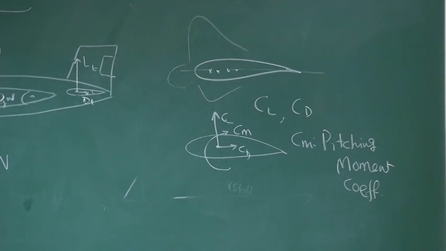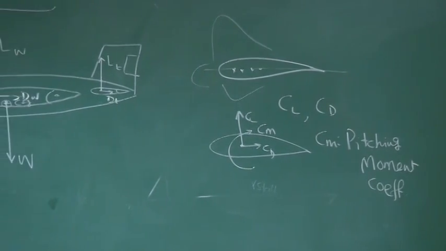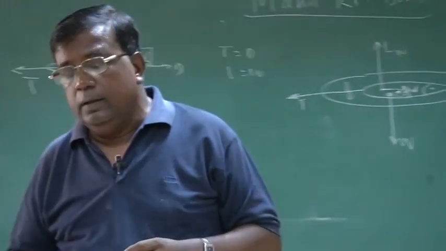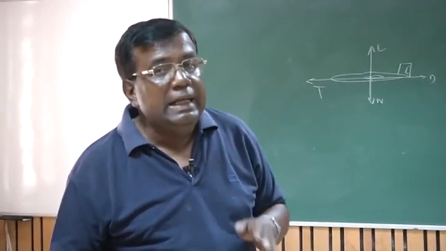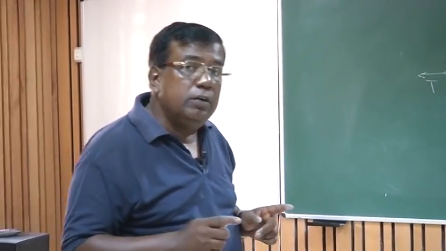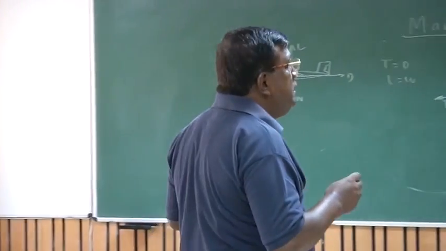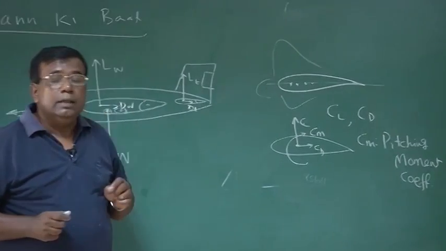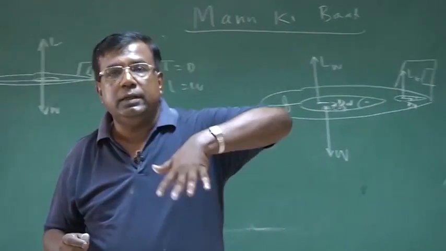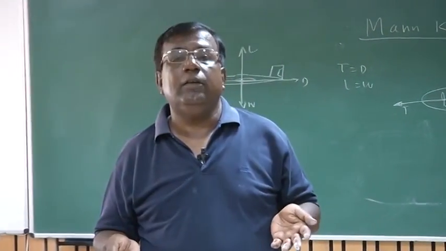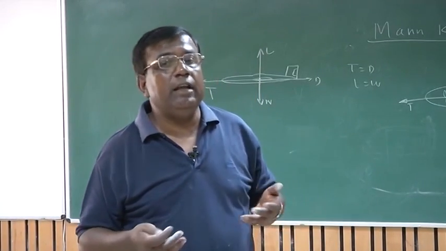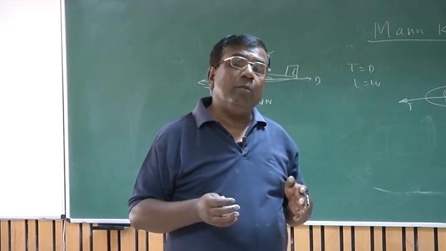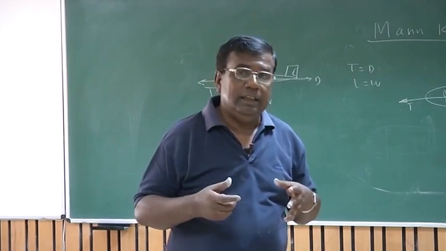It so happens for a general aerofoil, there is a point along the chord of a thin aerofoil at which the pitching moment is independent of angle of attack. Even if the angle of attack changes, the pitching moment about that point doesn't change.